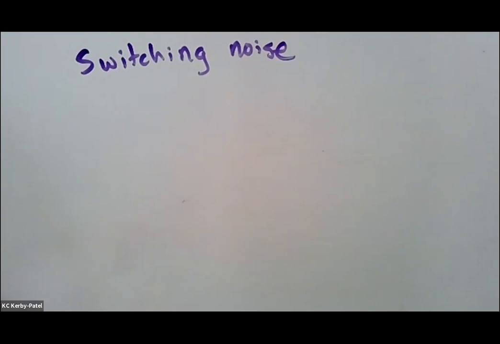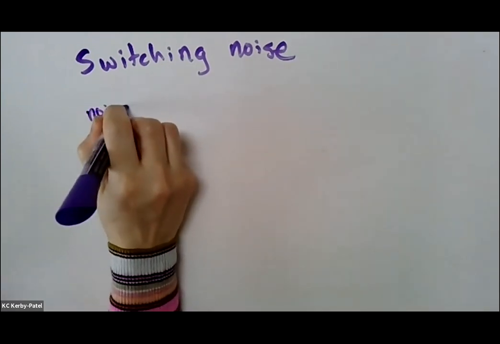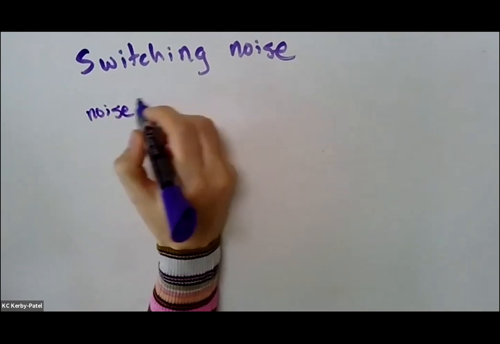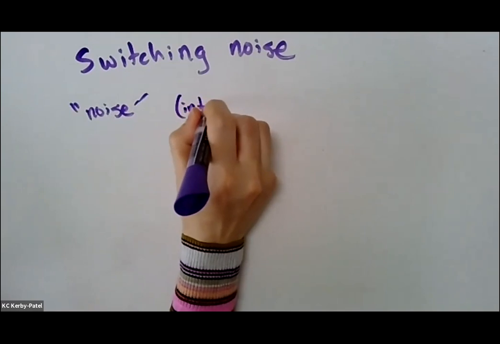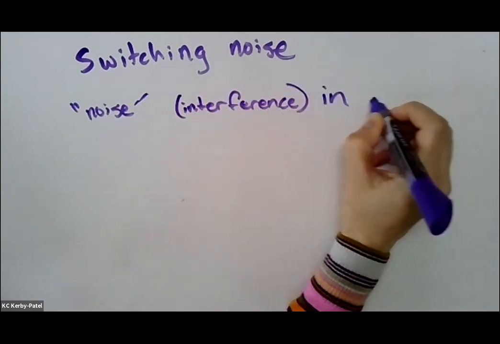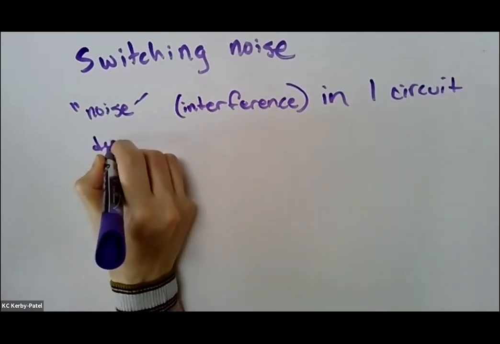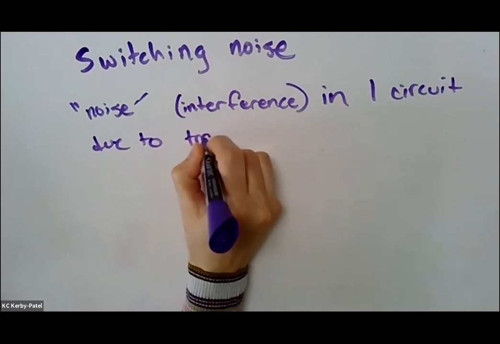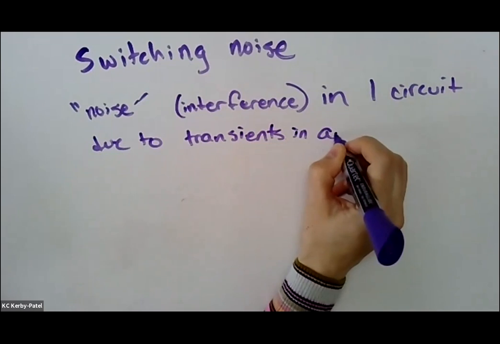The square wave thing I talked about could be an example of this, because it is noise, really interference, in one circuit due to those transients in another.